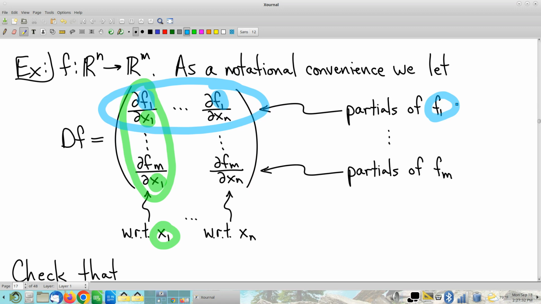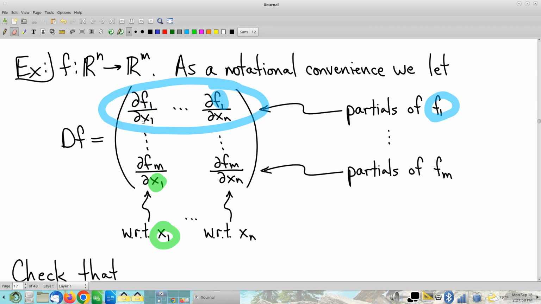You just have to memorize this and keep it straight: columns correspond to input variables, rows correspond to output variables. Make sure you get it right, because if you accidentally get it backwards, effectively you'll transpose the matrix and everything goes haywire. So do be careful about that.